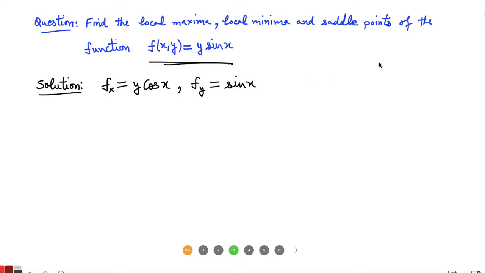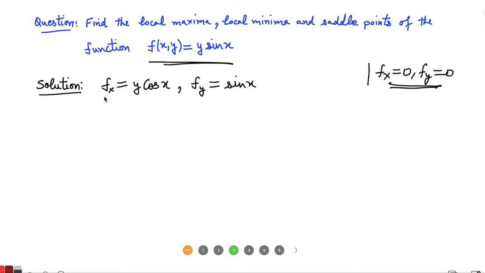Critical points will be the points where fx and fy are simultaneously 0. So if we put them equal to 0 and solve for x and y, we will get the points which we call the critical points.